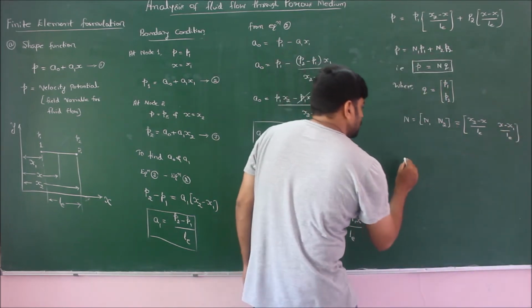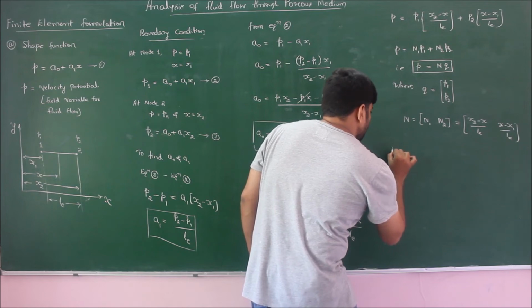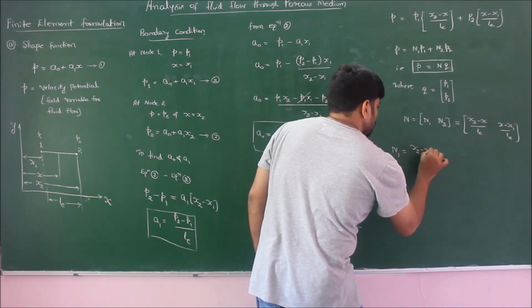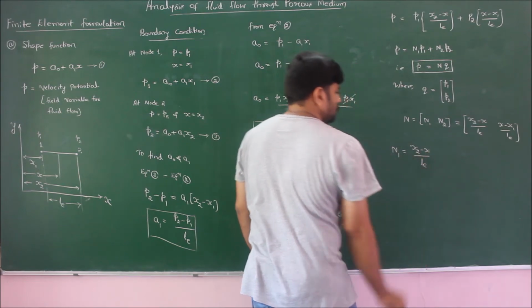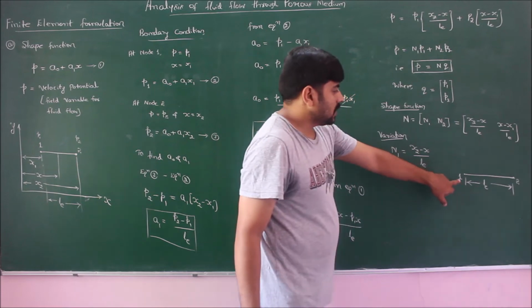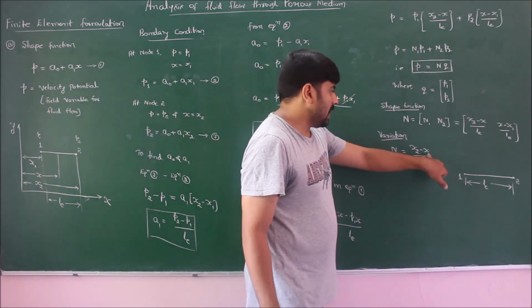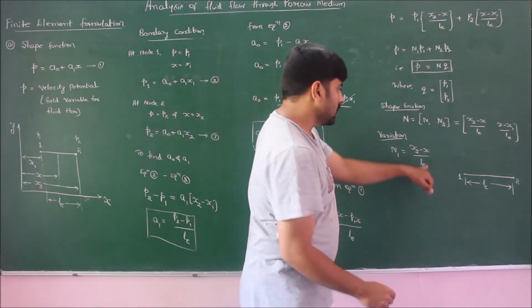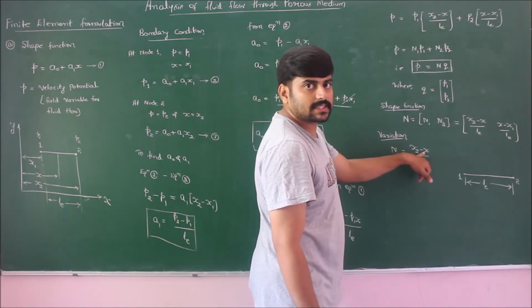Now if I plot the variation of the shape function, we have N1 is equal to x2 minus x by length of the element. Let us consider the element. Now at node number 1, the value of x is x1. So substituting x1 here, x2 minus x1 is LE.